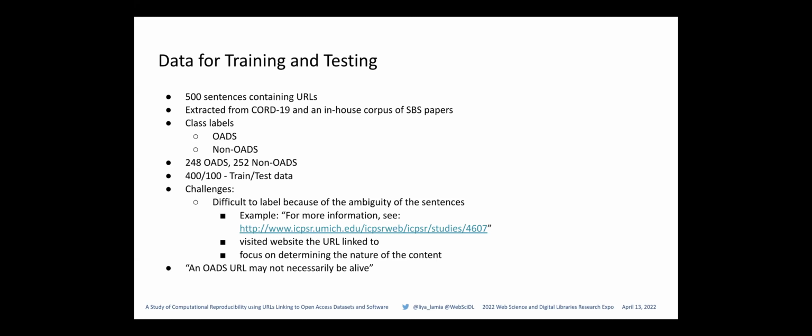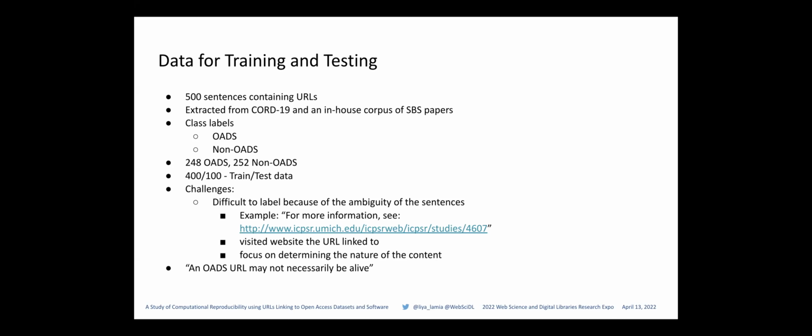There were a total of 248 samples of the OADS class and 252 samples of the non-OADS class. We split the data randomly into training and testing corpora. For training, there were a total of 400 samples, and the remaining samples were used for testing.